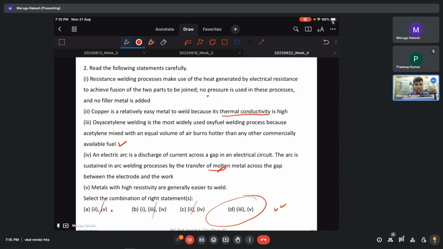In that process, the heat melts the electrode more, and it gets deposited on the weld. Then the fifth option: metals with high resistivity are generally easy to weld. This is correct, because the heat input rate is easily established, so you can easily weld the metal. So option D is appropriate for this question.